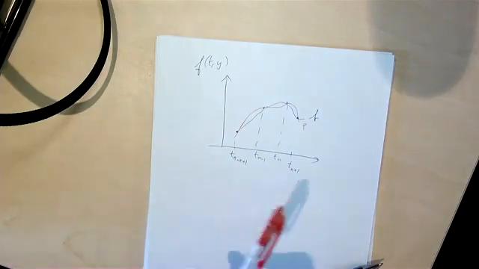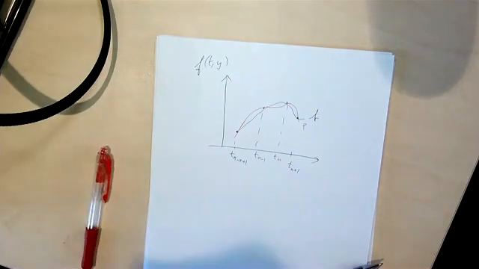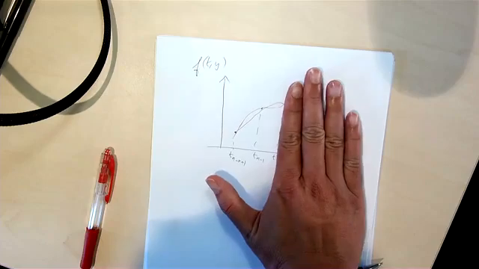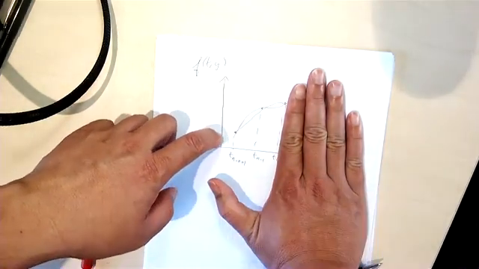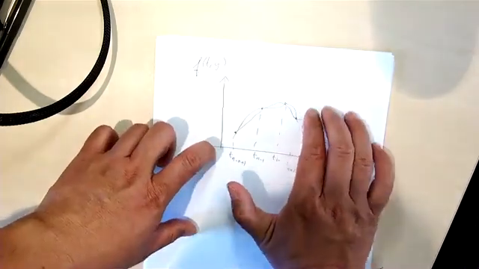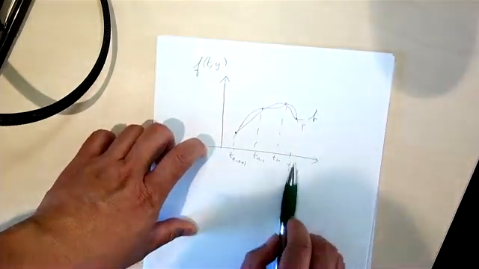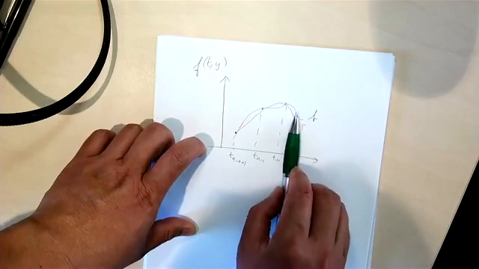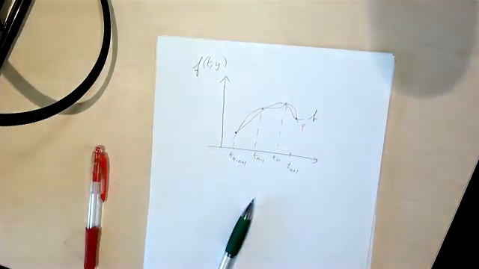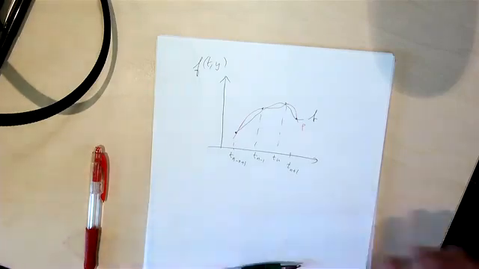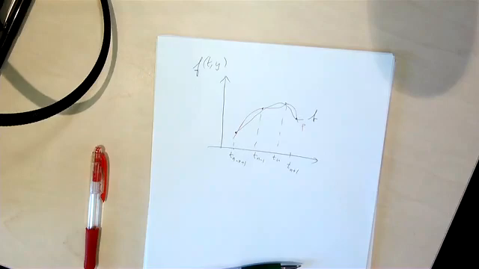Remember in the AB methods, you start from Tn and you go back to Tn minus r, right? But here in the AM method, you start from Tn plus 1 and then you go down to Tn minus r plus 1. So the same idea, just a different starting point. And the consequence is you will have a different formula.